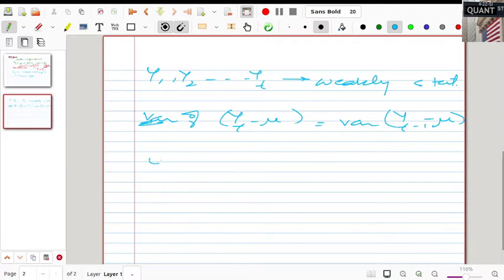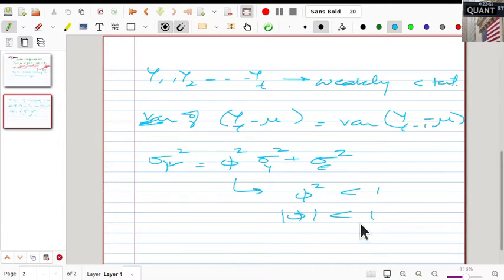Which means sigma y square equals phi square sigma y square plus sigma epsilon square, which implies that phi square is less than 1, or the absolute value of phi is less than 1.